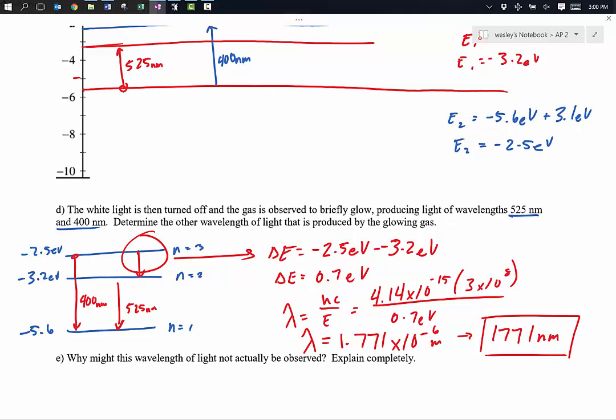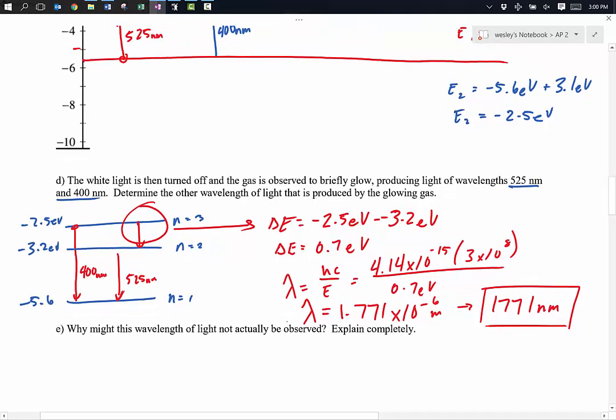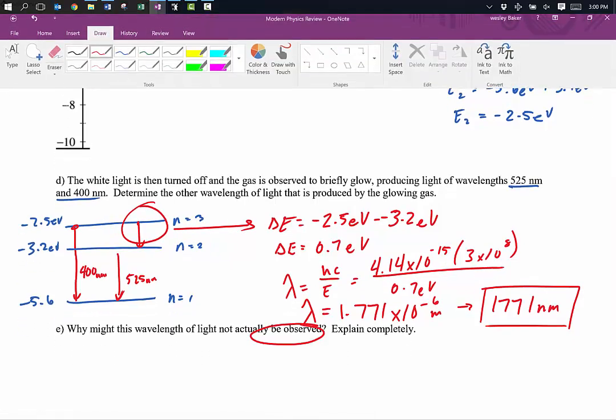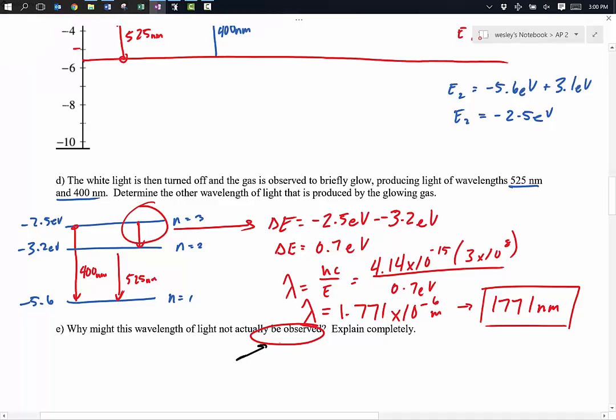Okay, so we may not actually observe this, and this is a little bit of a tricky question. It may not be observed because that is very, very low energy. This is low energy light.